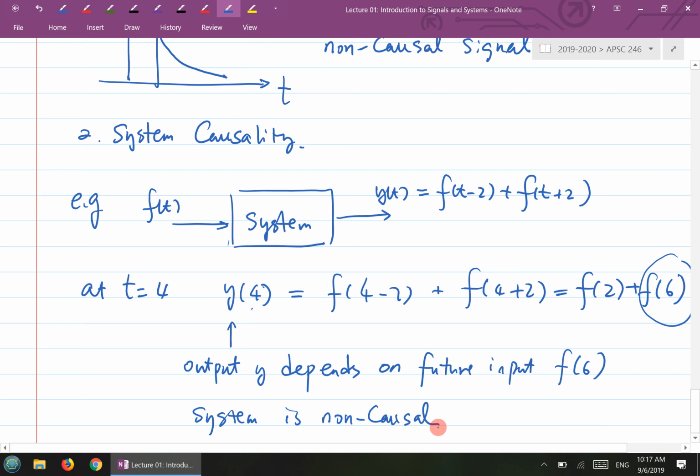I'll give you the formal definition of causality for systems next, but now you can already summarize a little yourself. If a system output depends on future inputs, then it is non-causal. As simple as that.